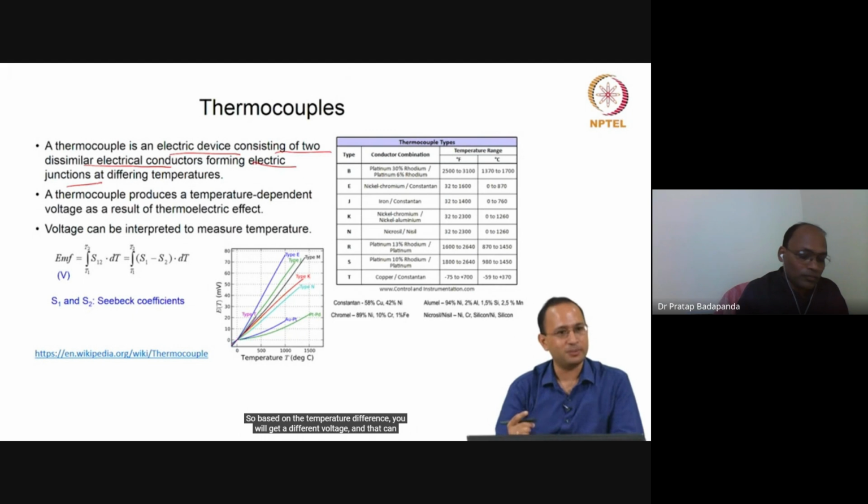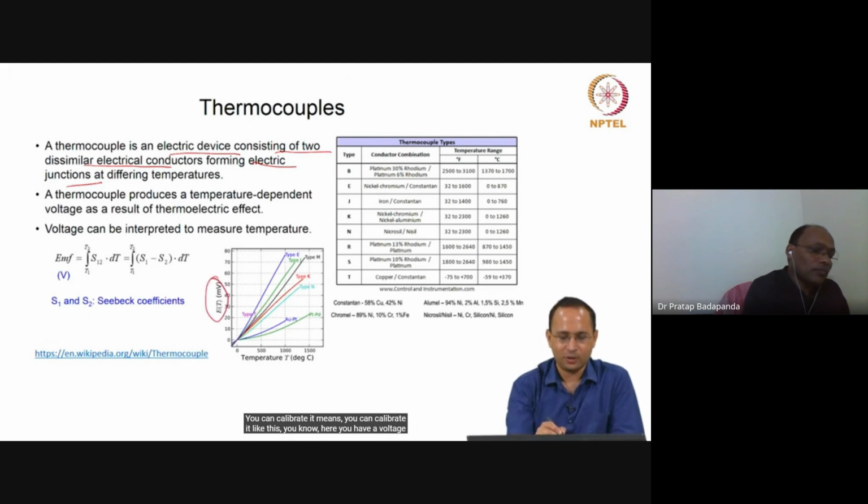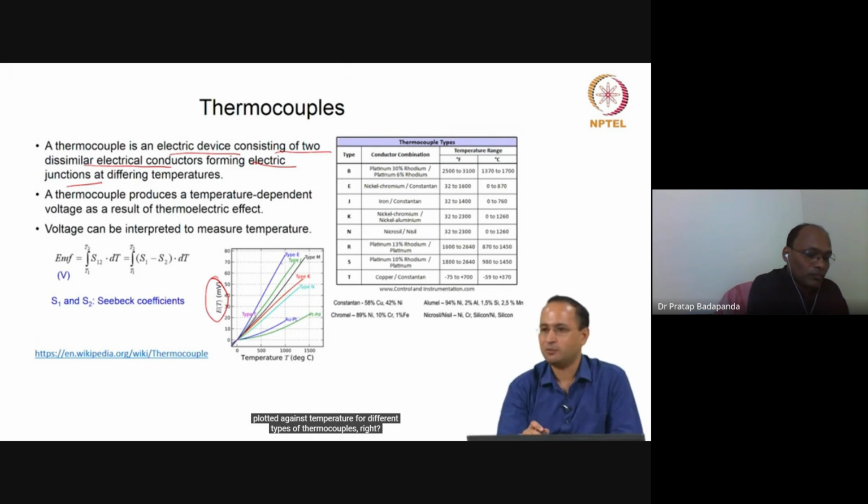Based on the temperature difference, you get different voltages, and that can be calibrated. Depending on the type of materials in a particular thermocouple, you can calibrate it. Here you have voltage plotted against temperature for different types of thermocouples. So you know at what temperature you get what voltage, and if you know the voltage, you can easily calculate the temperature.